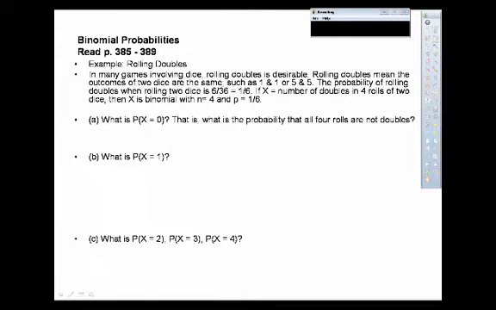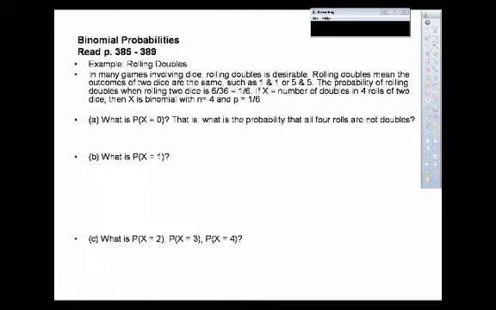The probability of rolling doubles when rolling 2 dice is 6 out of 36, or 1/6. If X equals the number of doubles in 4 rolls of 2 dice, then X is binomial with n equal 4 and p equal 1/6.